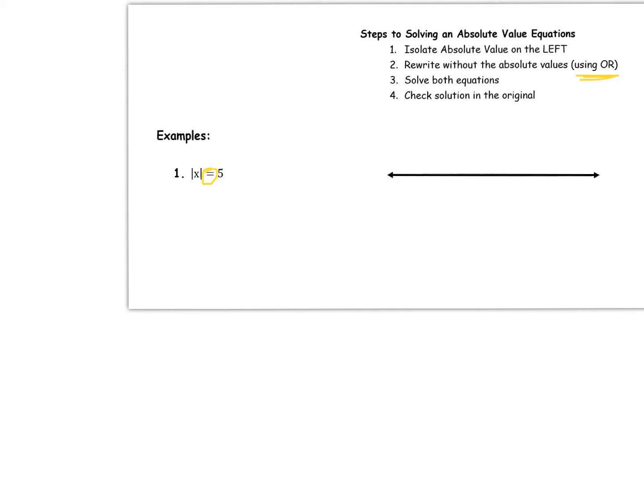So we're going to start by rewriting the absolute value. Because the absolute value is alone, we start with the absolute value of x is equal to 5, or, now here's where we do the dark side. This here represents the positive A that we talked about in the beginning.